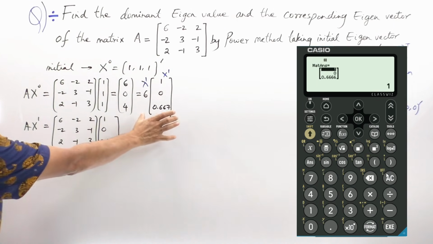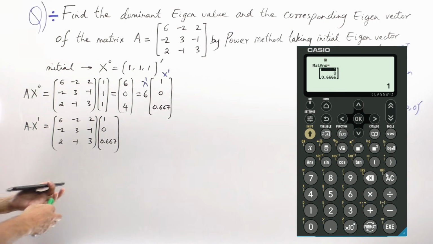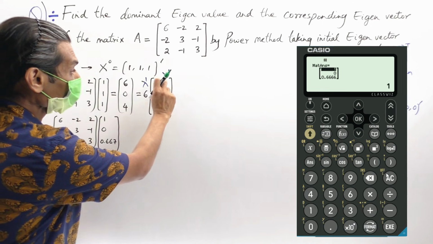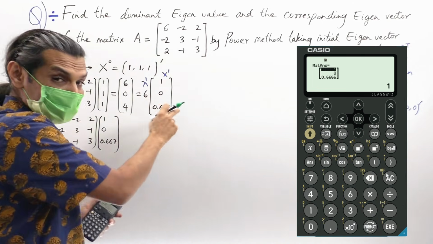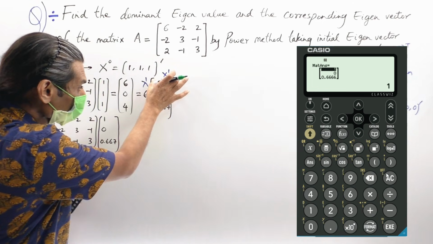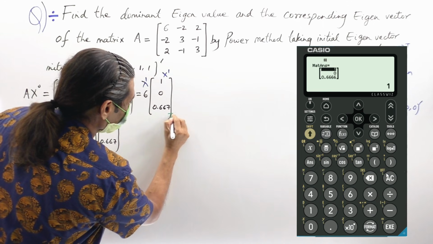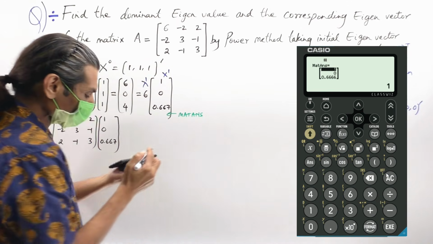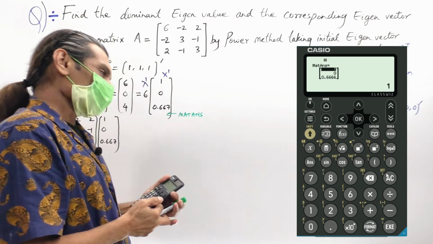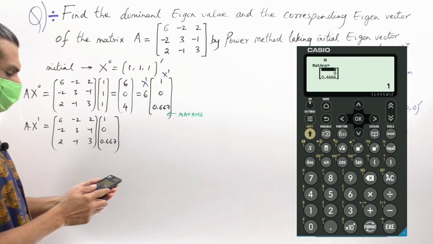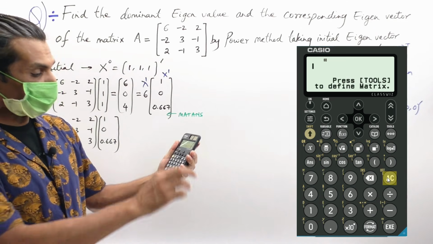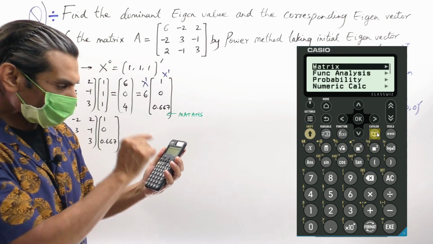That's all. Okay, and I'm going to teach you that. Now, see, the moment you press execute or equal to, when I divide and press execute, this whole thing, 1, 0, 0.66, gets stored in Mat Ans, or matrix answer. So I'll show you how to use that. Now again, I don't touch anything, everything is here. Again press AC. Again go to catalog, matrix.